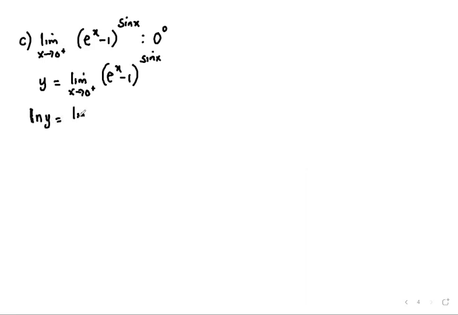And when you apply the limit on the other side, the limit goes inside, and then it drops the power, and then limit of sin x times ln of e to the x minus 1, like that.